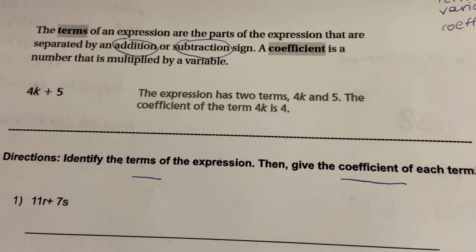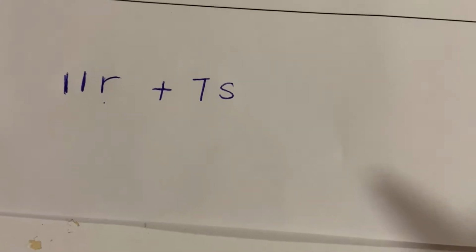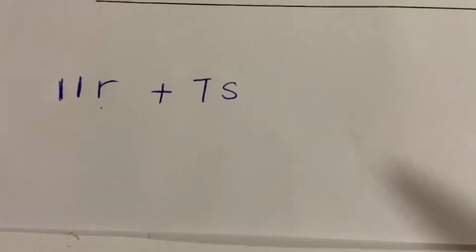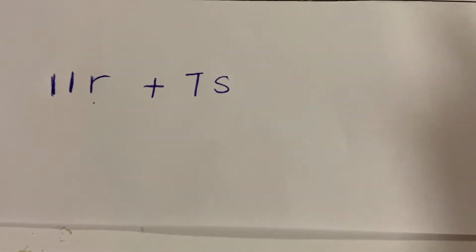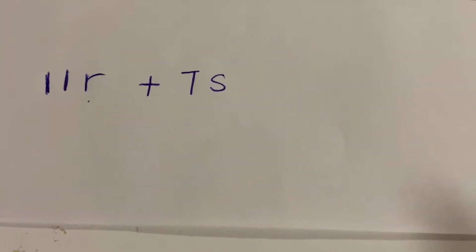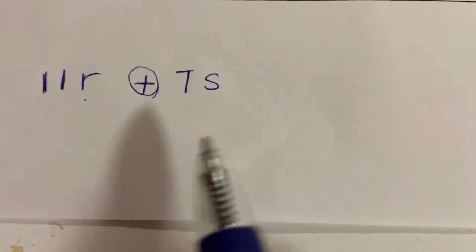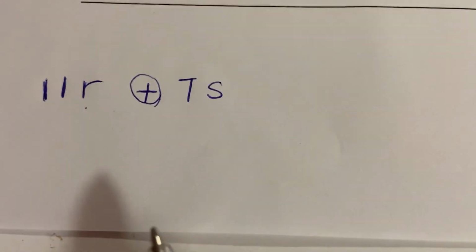Let's look at an expression right now and talk about that a little bit more. So we have 11r plus 7s. From the definition, a term is separated by an addition or subtraction sign. Right here, I see an addition sign, so that means the terms are being separated by that addition sign.